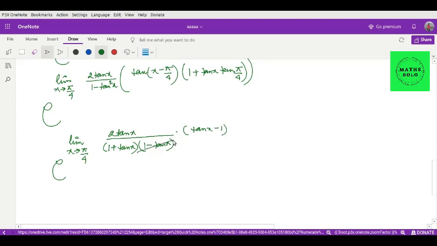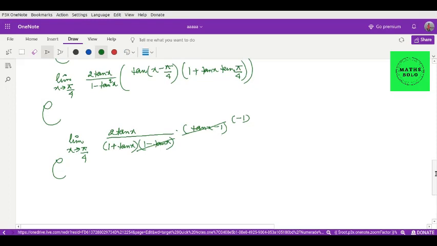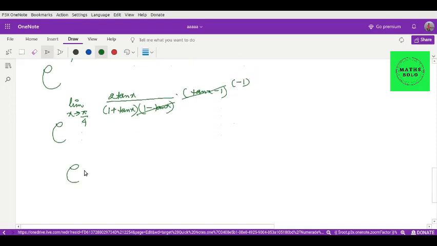So this part and this part cancel each other with the minus 1 here. So this becomes e to the power limit x tending to pi upon 4 of minus 2 tan x upon 1 plus tan x.